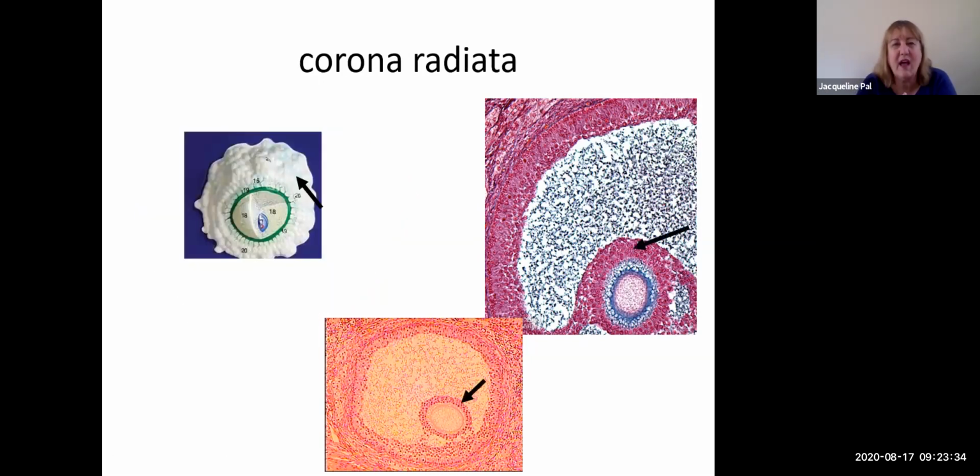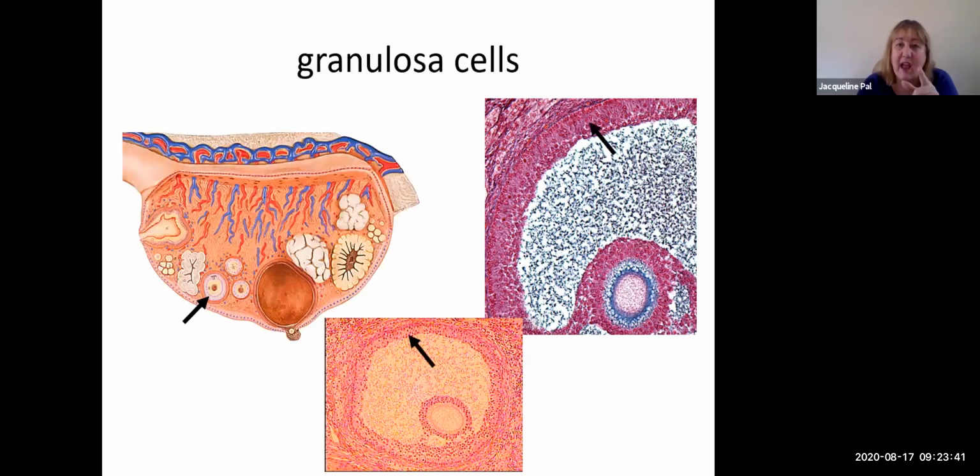Surrounding the oocyte at the time of ovulation are going to be some of those granulosa cells. If you notice on this picture, the antrum separates the granulosa cells. Some are going to stay behind at the time of ovulation, and this part is going to detach itself, and this is the part that's going to be ovulated.